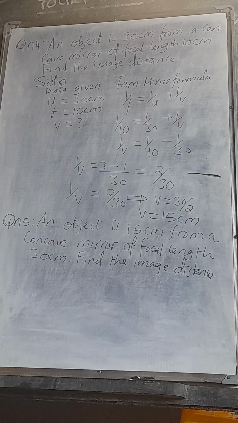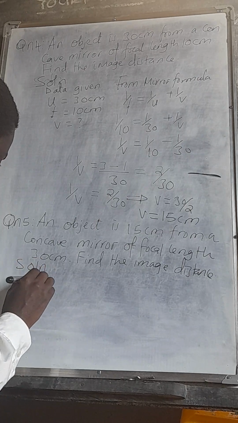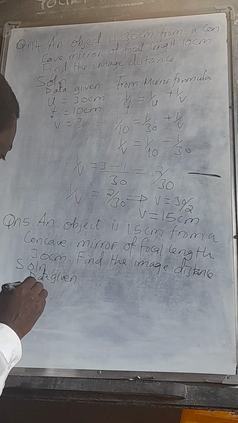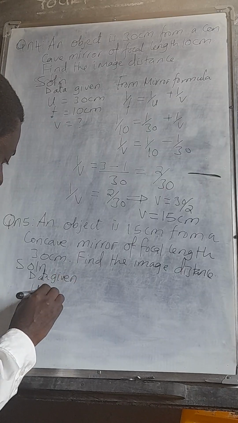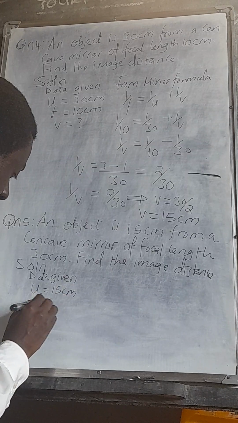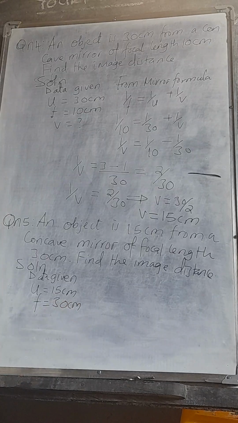So what is very, very important with this question is the solution data given. We have been given the object distance, which is 15 centimeter. And you have also been given the focal length, almost 30 centimeter.